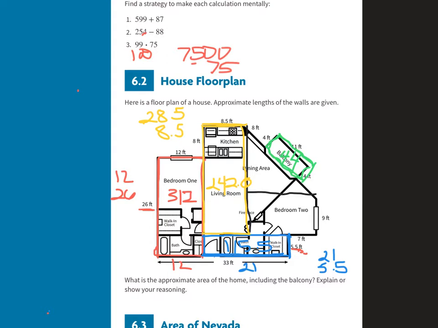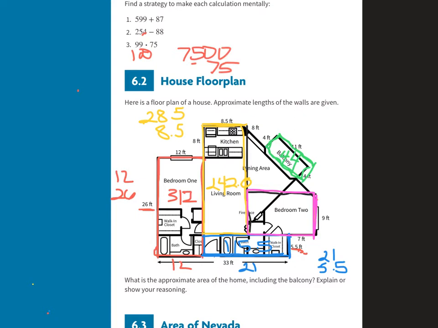Now, let's do pink. So let's find this one right. So this one right here, my height is 9. Now, let's see if I can figure this out. So 33 minus the 12 width on the red, minus the 8.5 width on the yellow.